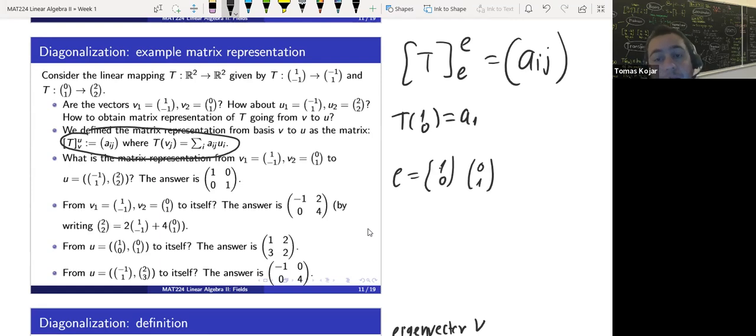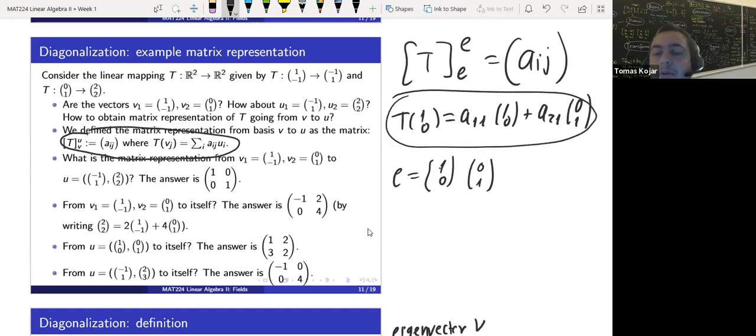So it will be A11 (1,0) plus A21 (0,1). You do the same for T of (0,1), with A12 and A22.